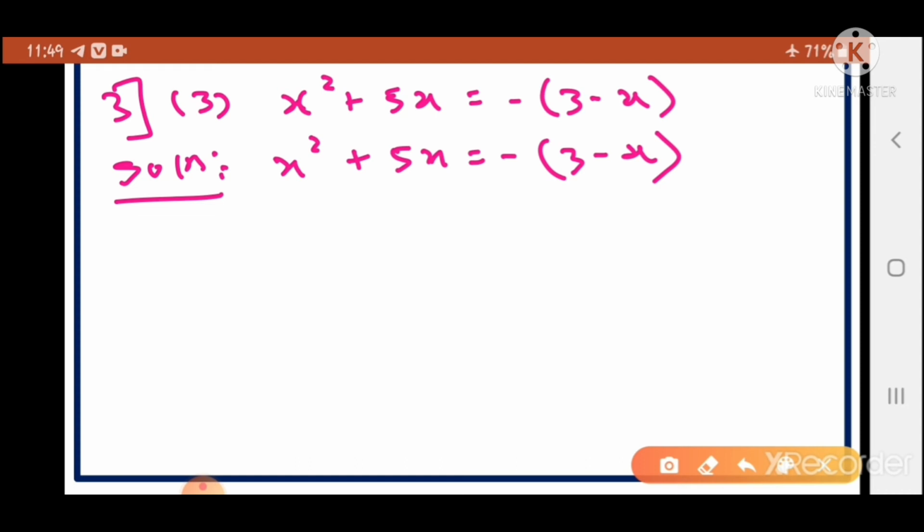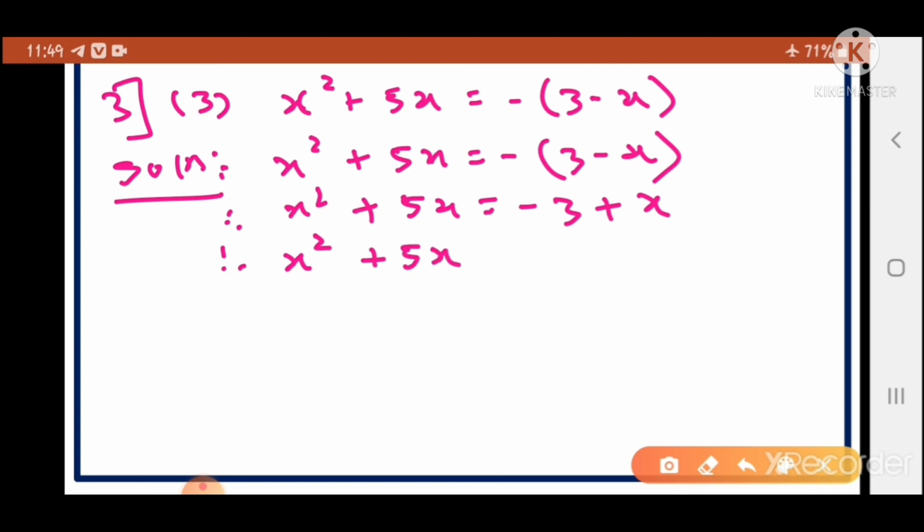So open the bracket. Therefore x square plus 5x is equal to minus 3, minus minus becomes plus x. So bring the x term and minus 3 to the left hand side. So therefore x square plus 5x, this plus x is there, bring it on the left hand side, becomes minus x.